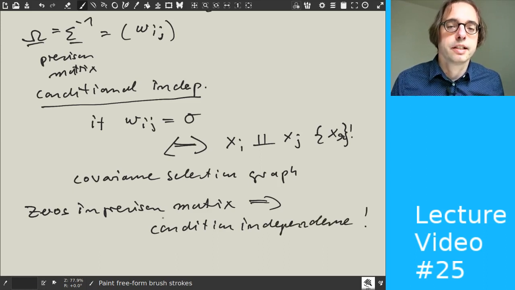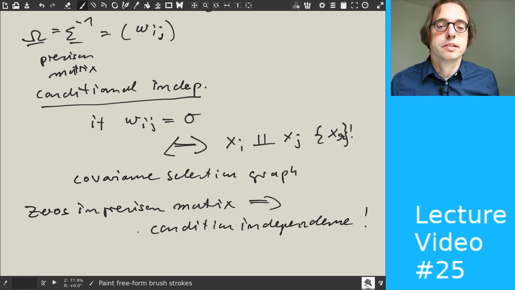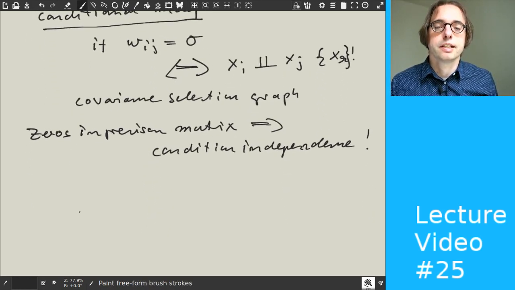And that's why GGMs, or covariance selection graphs, are so popular, because the only thing you have to do to get this network is to compute the covariance matrix and then invert the covariance matrix.